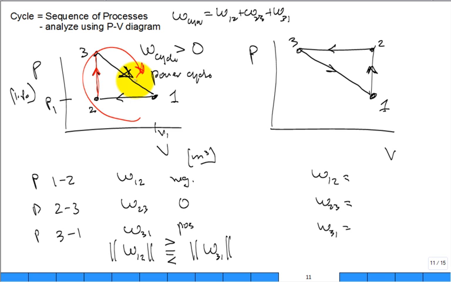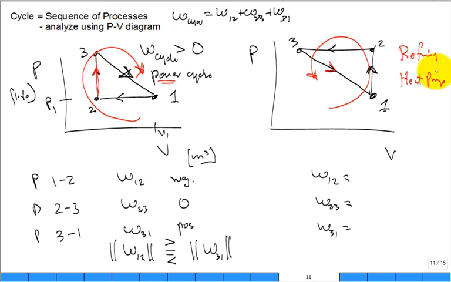What about this one? Counterclockwise. So where is it expanding? At relatively low pressures between 3 and 1. Where is it compressing? Relatively high pressures between 2 and 3. So guess what this cycle is? It's not a power cycle. This would be either a refrigeration cycle or a heat pump. They have the same, it's just what do you want?